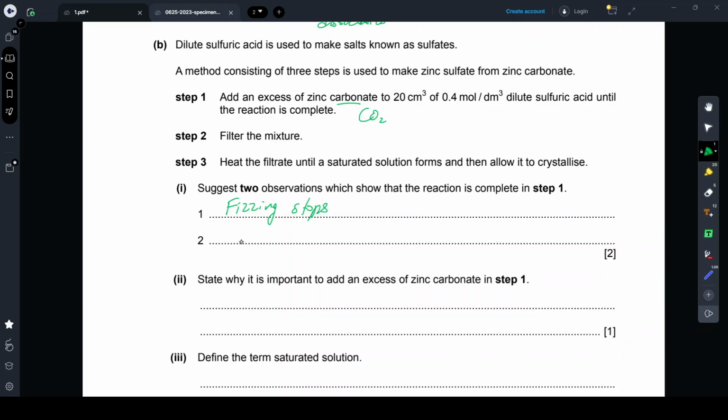That's where the fizzing is coming from. And excess zinc carbonate remains undissolved in the mixture. Very good. So that's ZnCO3. Remains undissolved.